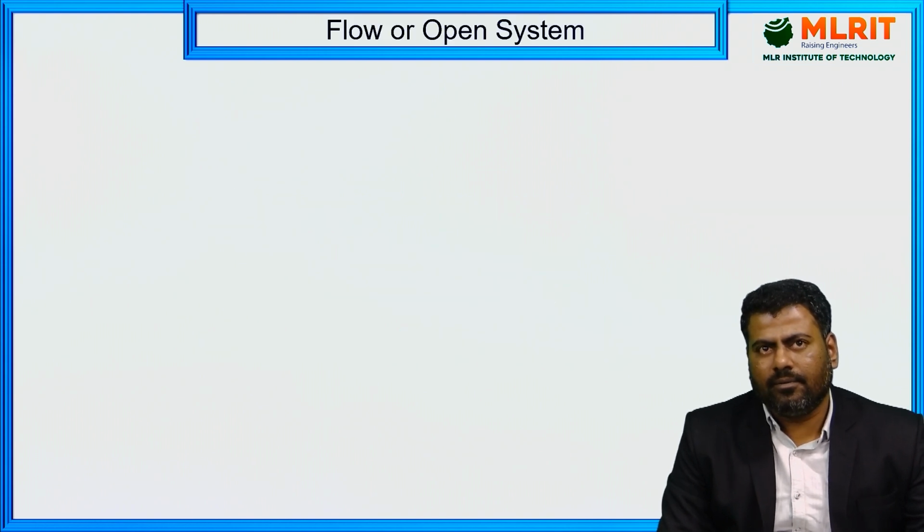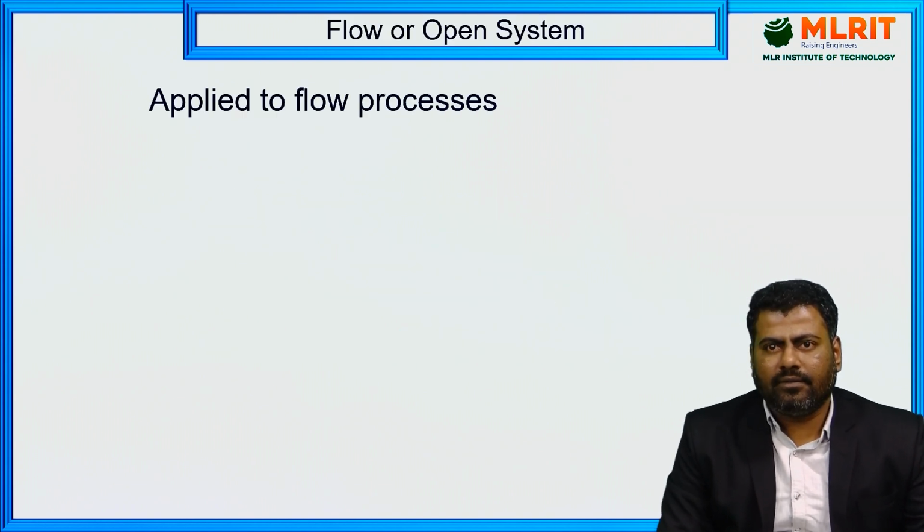So first of all, what is meant by a flow or open system? We are going to apply the steady process to this flow system, and we are going to deduce the mass balance as well as the energy balance equation.